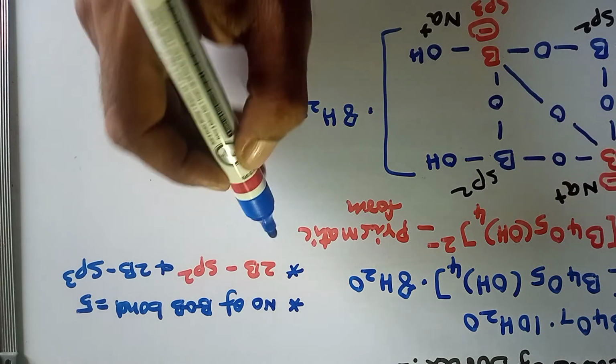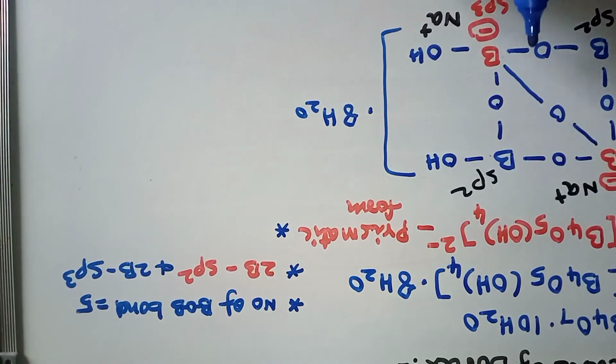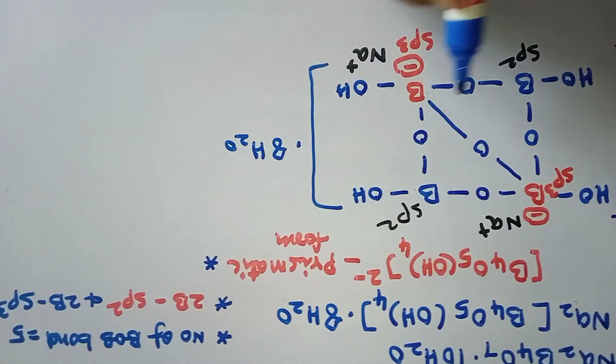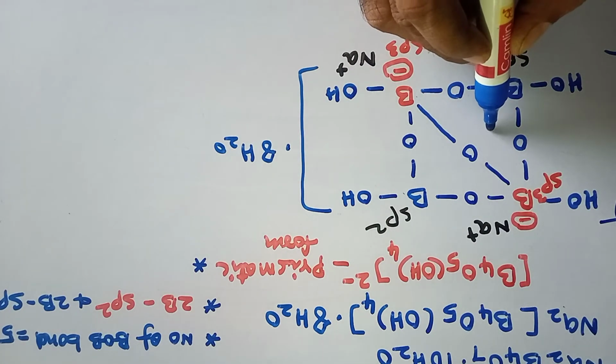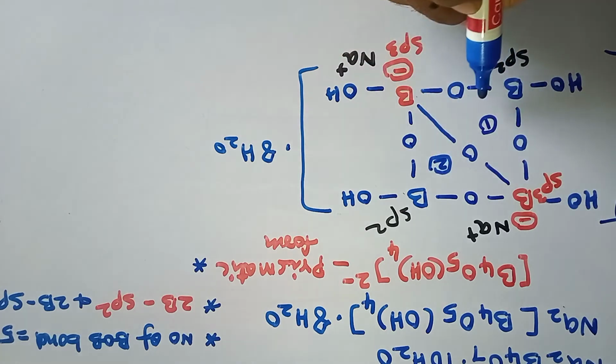Next point. There are 2 rings in the borax: this is one ring, this is the second ring.